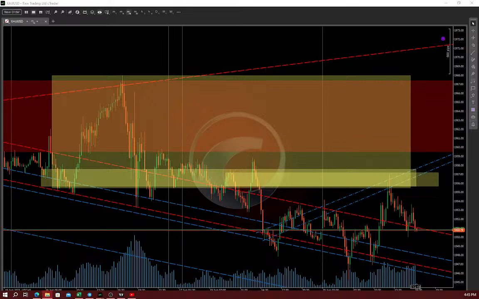View, large icons, extra large icons. Okay, I'm trying to find it. Yes, okay.